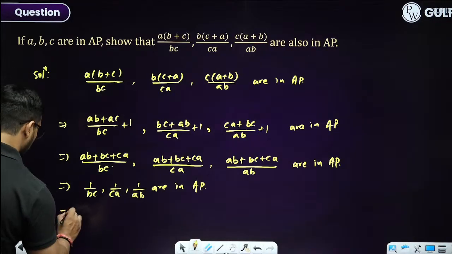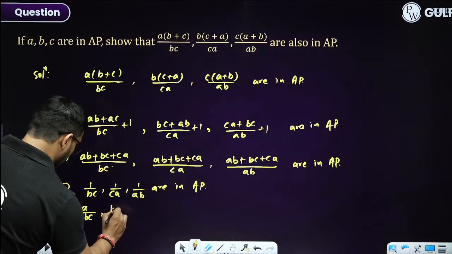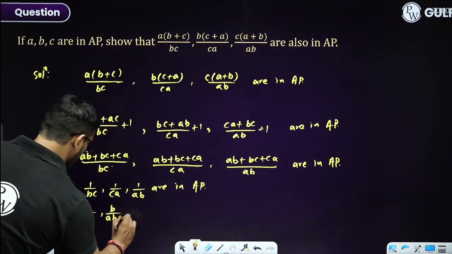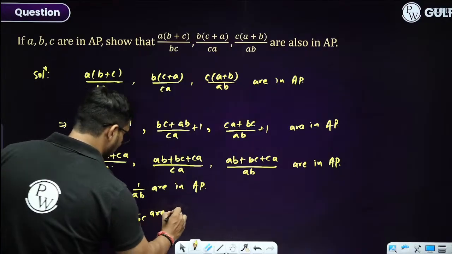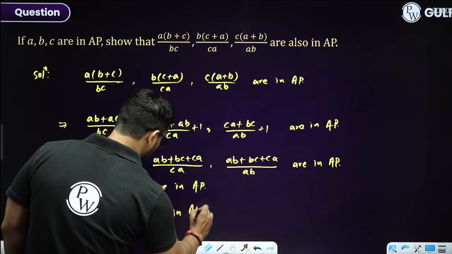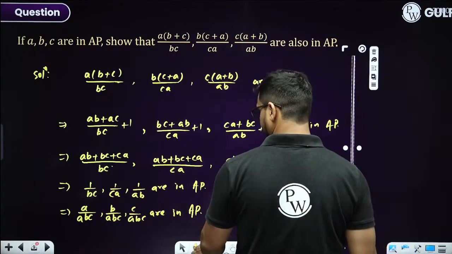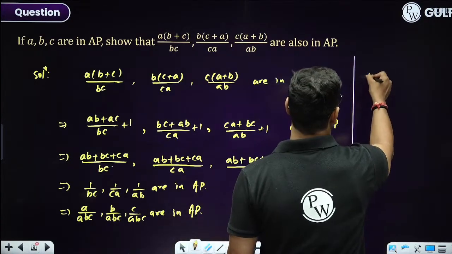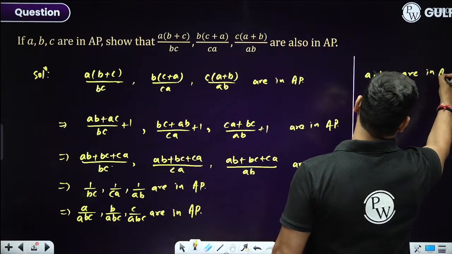And we can do one more thing, multiply by ABC: A, ABC, then B, ABC, then C, ABC are in AP, yes or no? So from here we can see A, B, C are in AP.